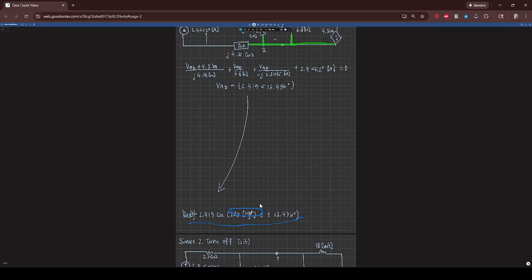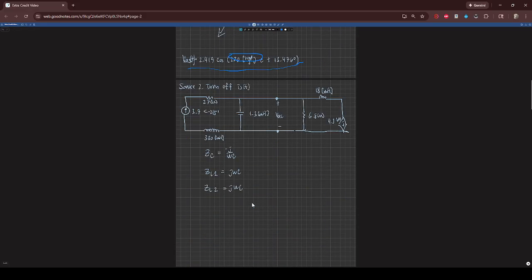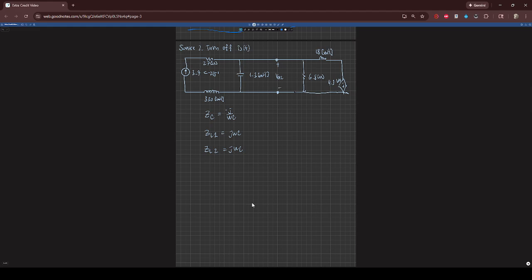And then let's look at the second source. Since it has a different frequency, right?